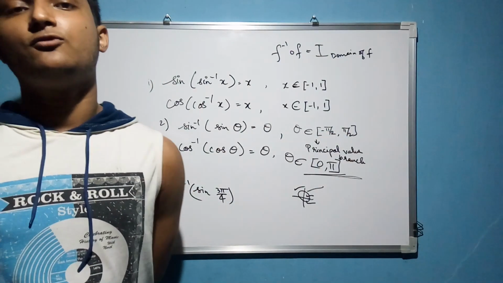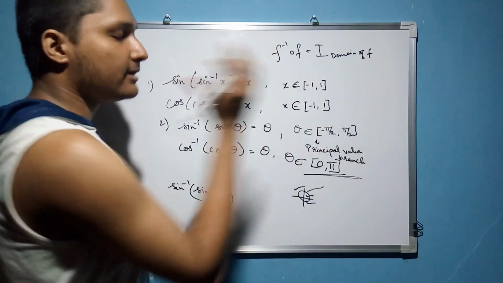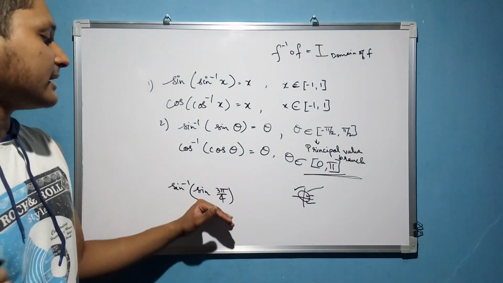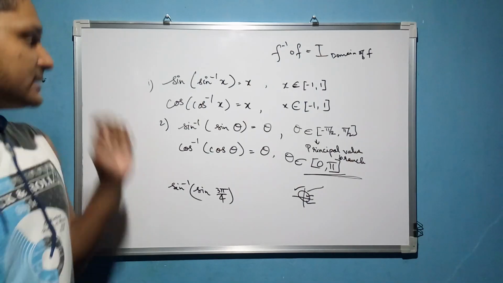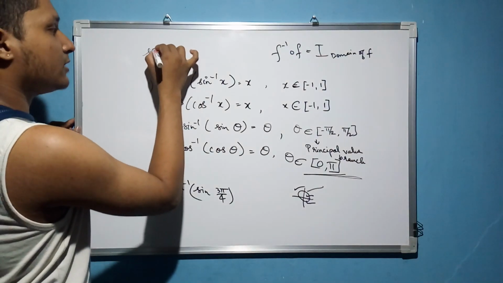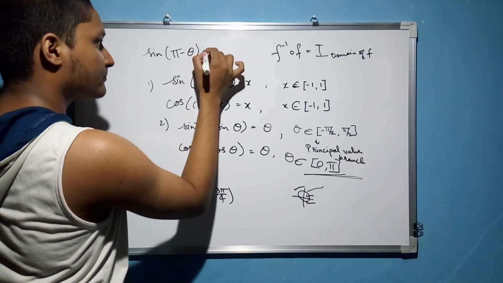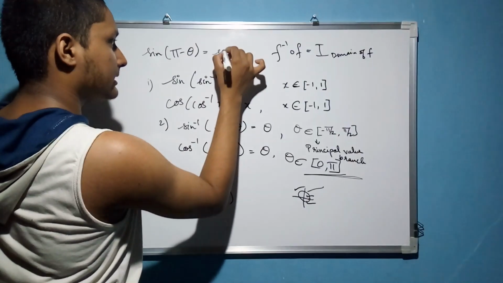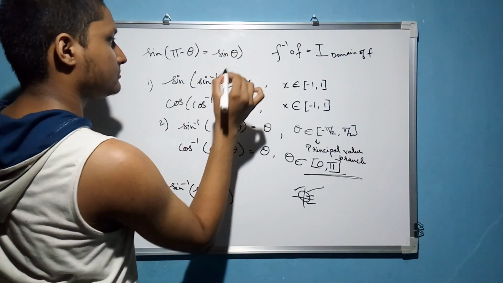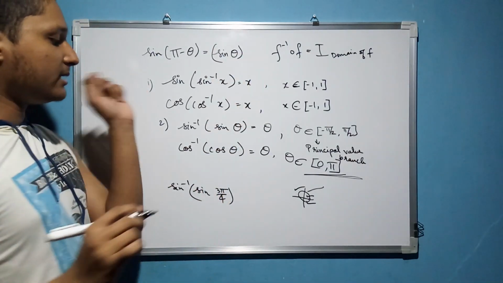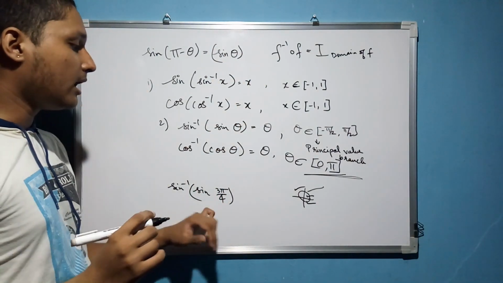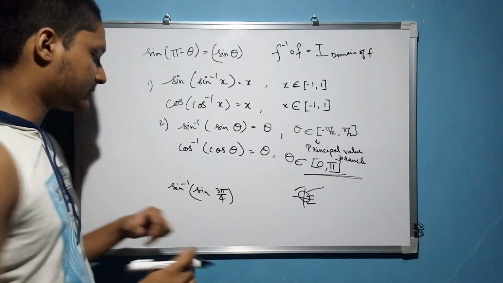I need to get some value which comes in this range. Just by seeing this, I remember one of the identities: sine of pi minus theta is equal to sine theta. I'll substitute that here.